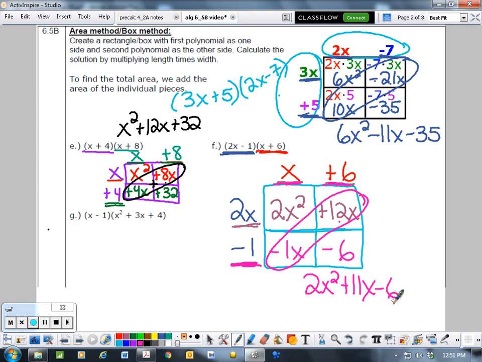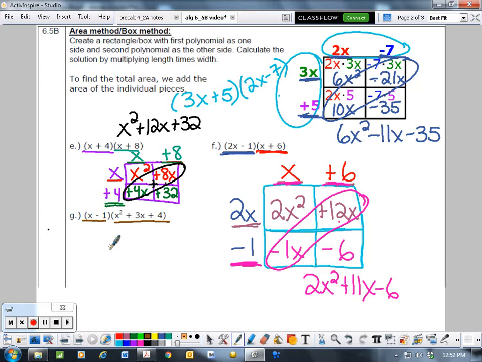Now, when it comes to binomials, either way works out just fine. So I really don't care which method you use as long as you're just consistently doing it correctly. But as our polynomials get bigger, I personally like using the box method. So now I have a binomial times a trinomial. And again, it just helps organize things for my brain. And so I prefer to do it that way.